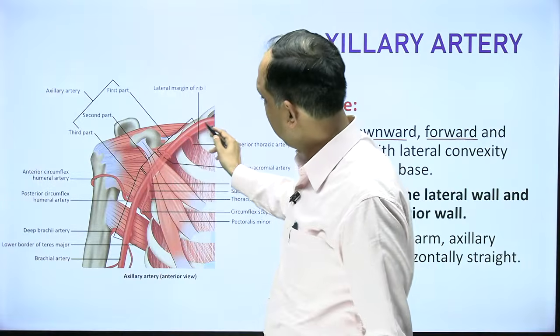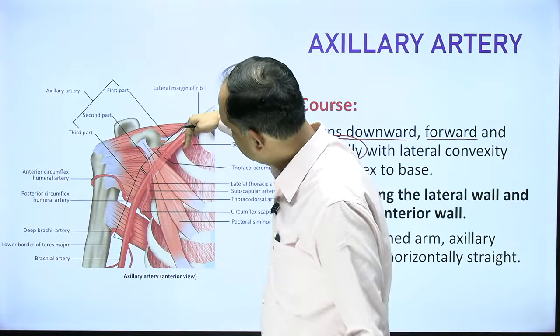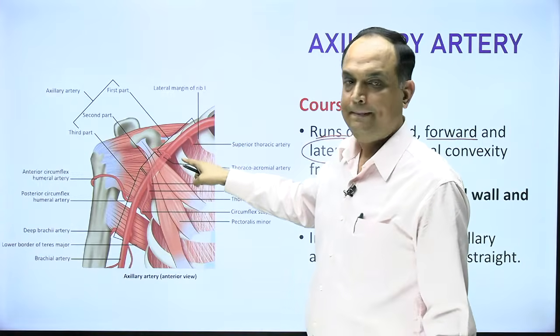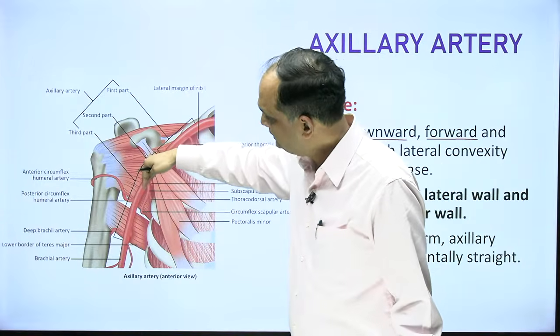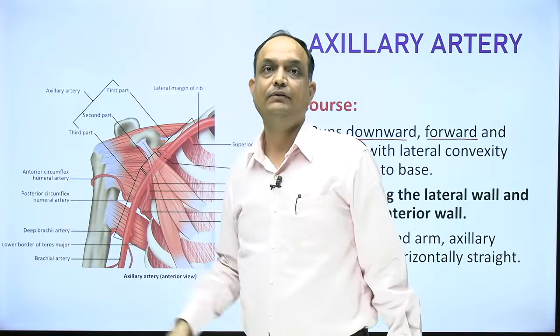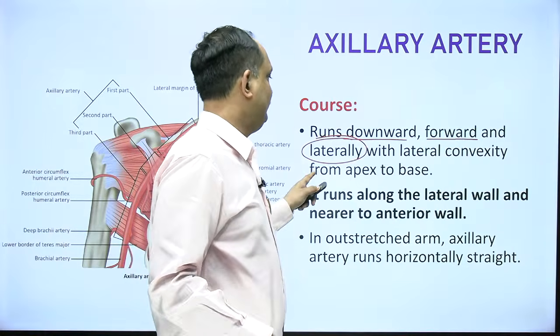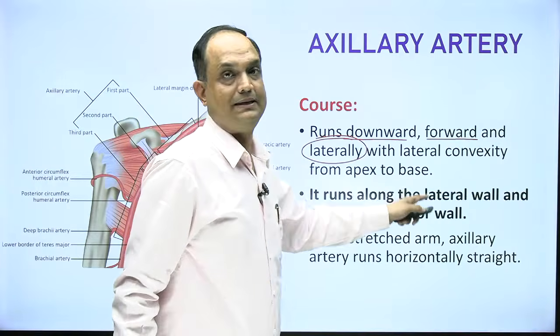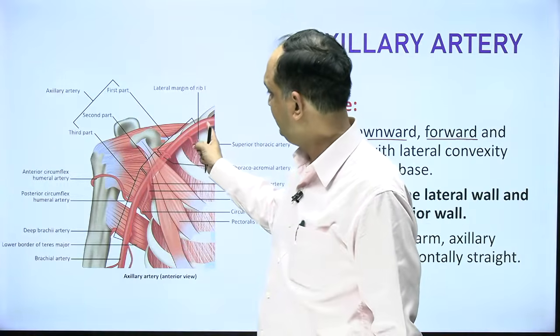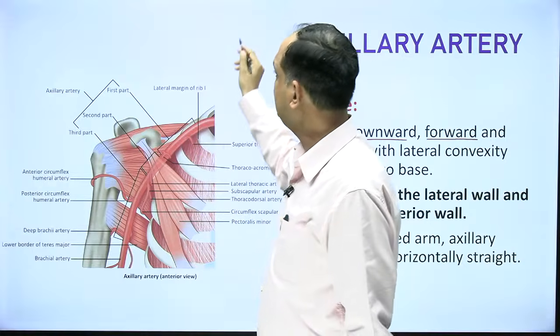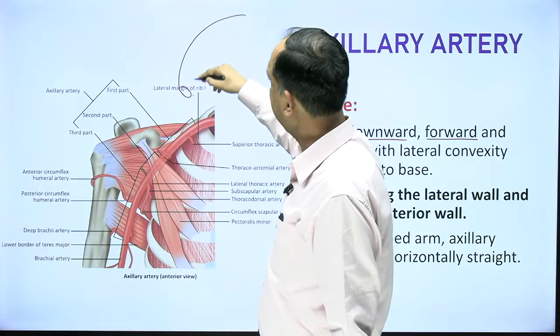So gradually the artery is leaving the chest wall. Here you can see it is very close to the first and second rib. But as it goes downward, it goes laterally, away from the chest wall, with lateral convexity from apex to base. So as you go from apex to base, it is making a convex course. This is the convexity that appears in the artery.